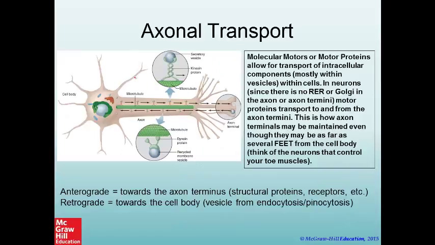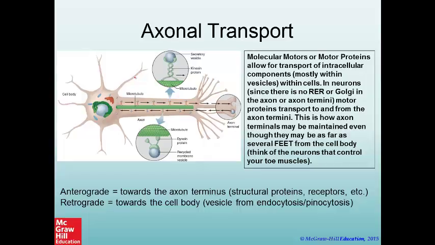We said that axonal transport is necessary for substances that are made in the cell body to be transported down in the anterograde direction towards the synapse. And because we're balancing exocytosis and endocytosis, the things that come in via endocytosis may travel up to the cell body in a retrograde fashion.